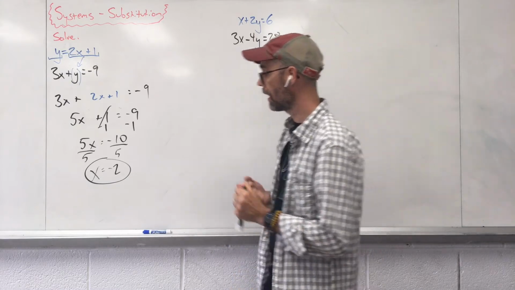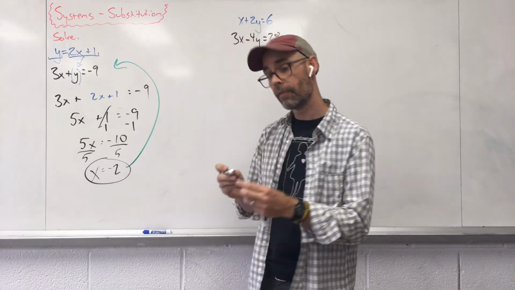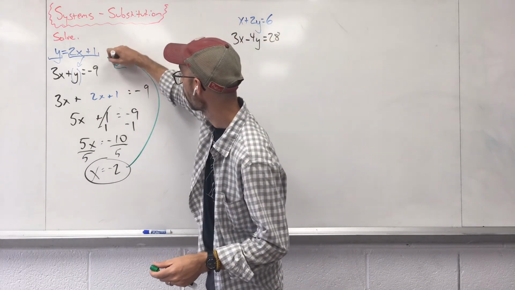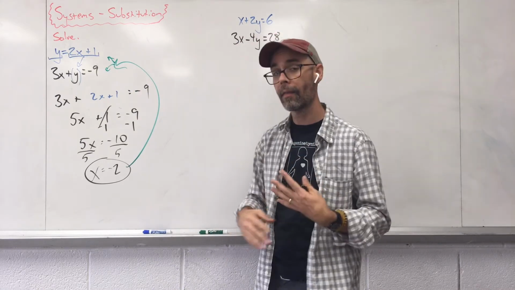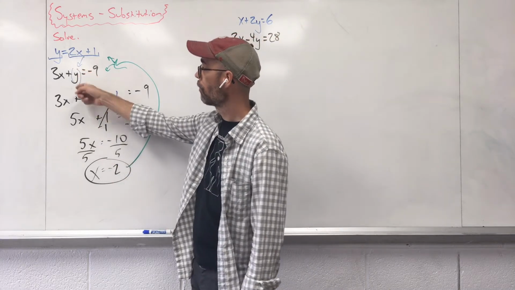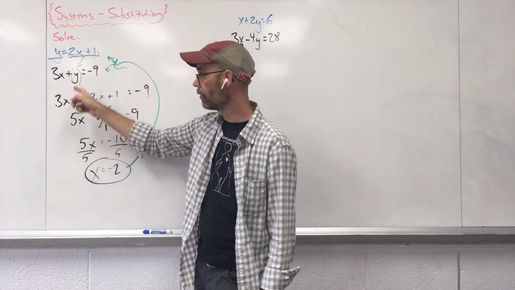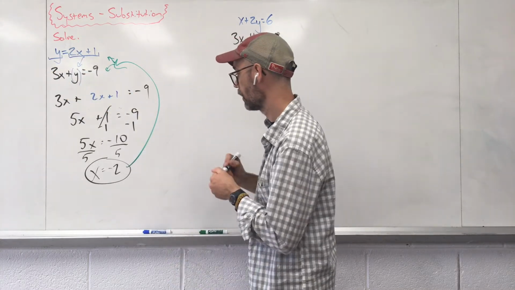So I'm going to take this x and throw it back in one of these. I don't care, either up there or there, whatever is easier. I need to plug it into one of them and figure out what is y. If I plug it in here, I got some work I got to do. But up here, y is already alone. Let's use that top equation.